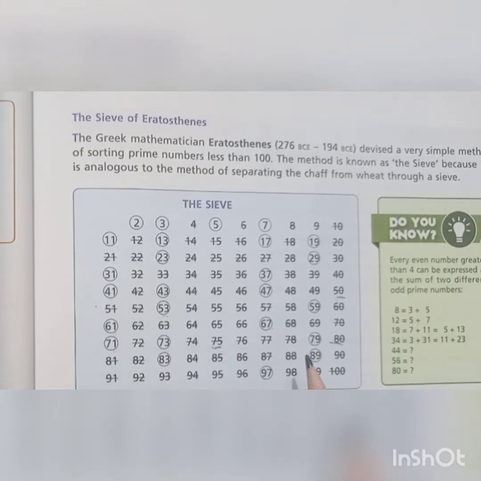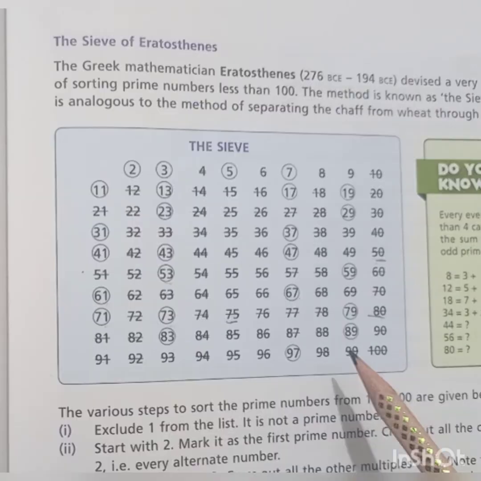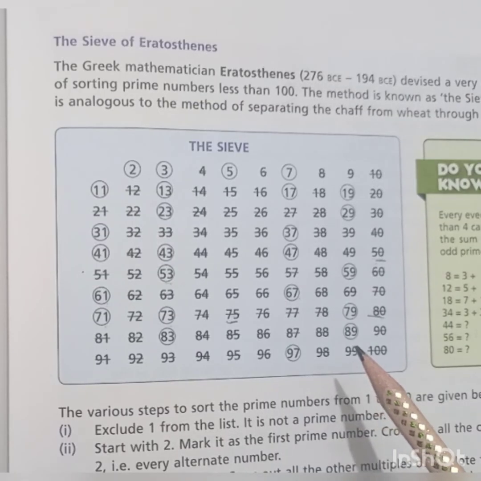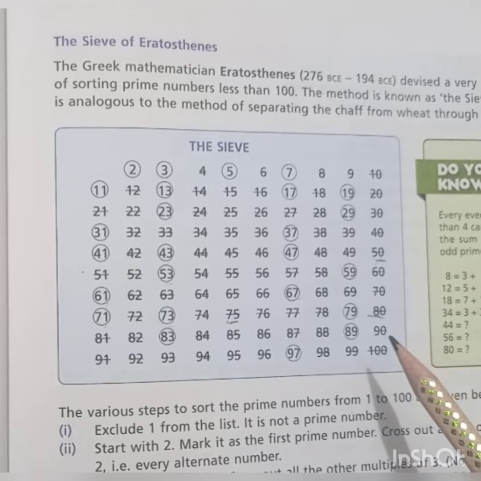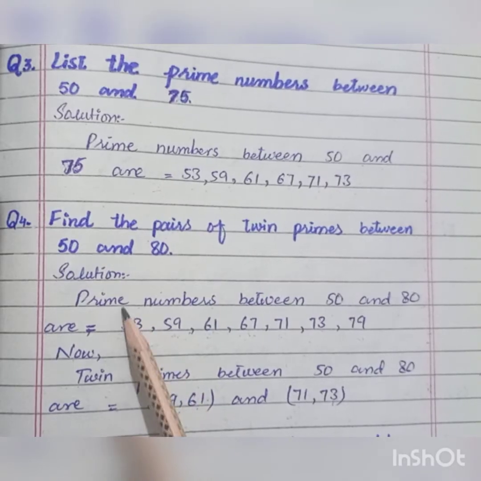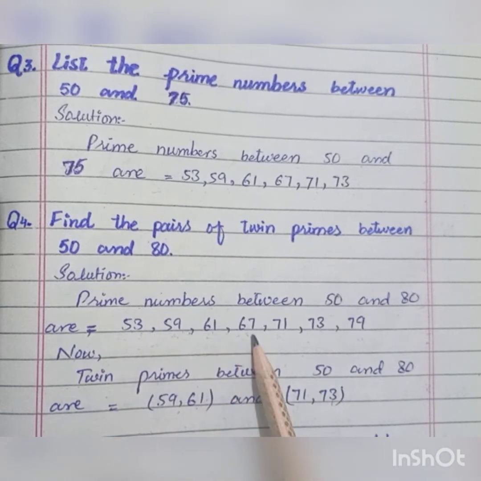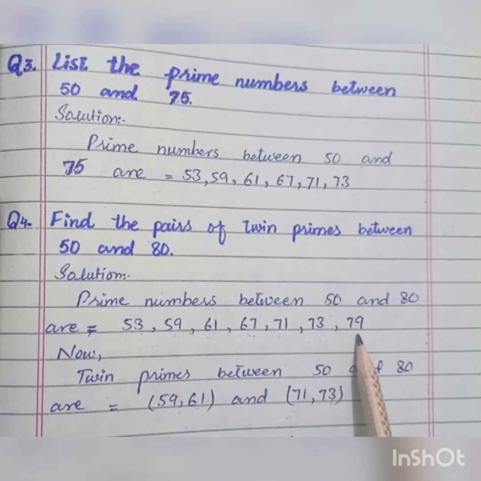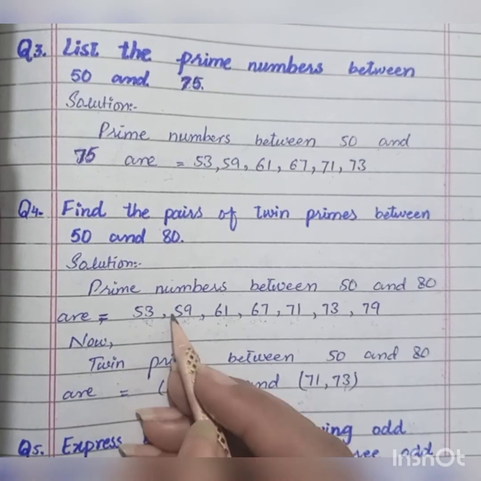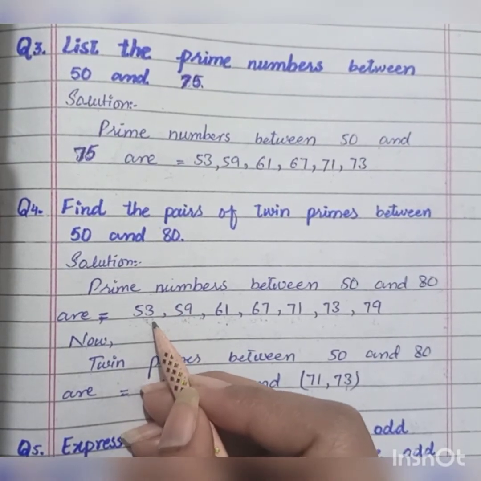And now we have to find twin primes of these prime numbers. As we know that twin primes are the pairs of prime numbers with a difference of 2. Hence the solution is prime numbers between 50 and 80 are 53, 59, 61, 67, 71, 73 and 79. Now let's see whether the difference of prime numbers is equal to 2 or not.